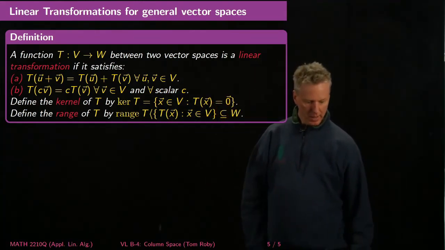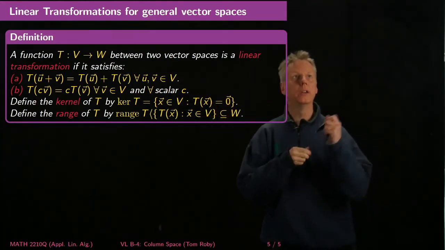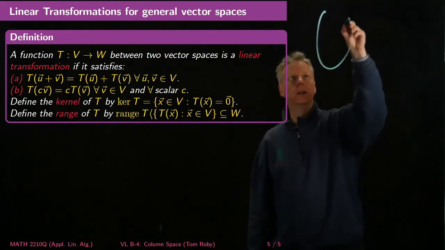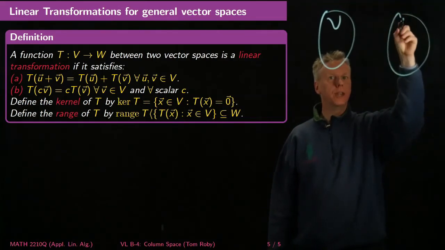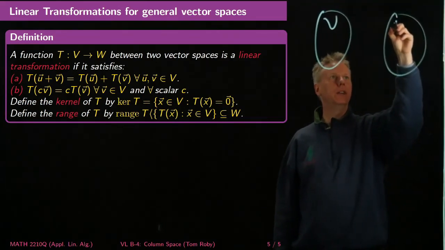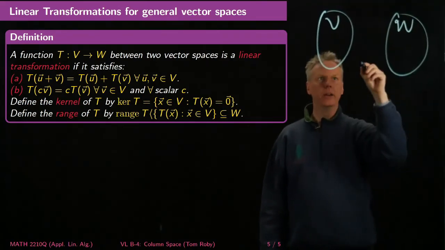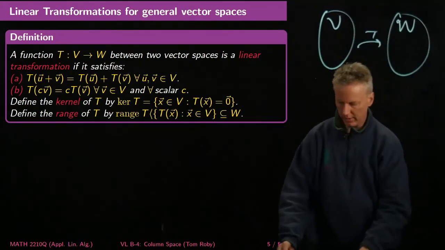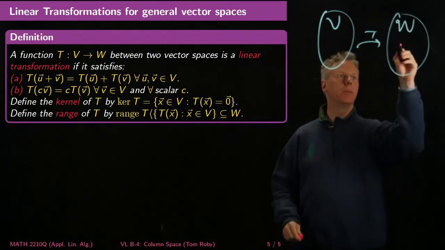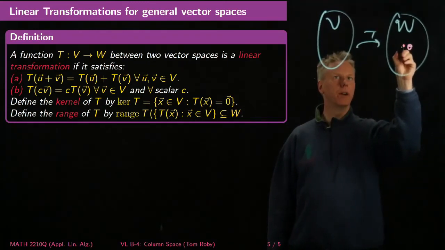So it's the same picture that we had before, where the blobs haven't changed very much. They just have different names, right? I've got V here and W there, and I've got my linear transformation T that goes from one to the other. And so now the kernel is going to be, some things go to 0, right? So there's a 0 vector over here.